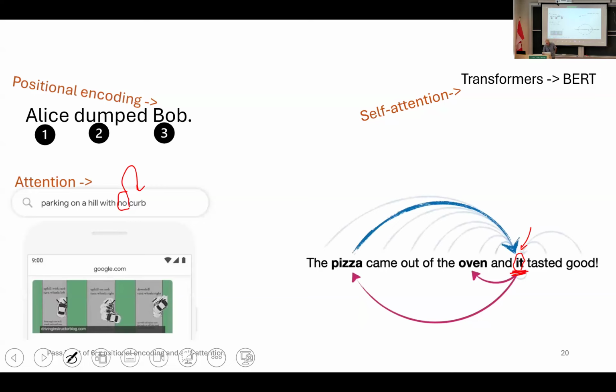But because of what it has learned, it knows that when it is encoding this word, pizza must strongly influence the embedding of this word. So the word it will be embedded to a vector such that that vector is influenced heavily by the word pizza. That's how it can understand the context and the fact that it refers to pizza. And this is self-attention. Questions?